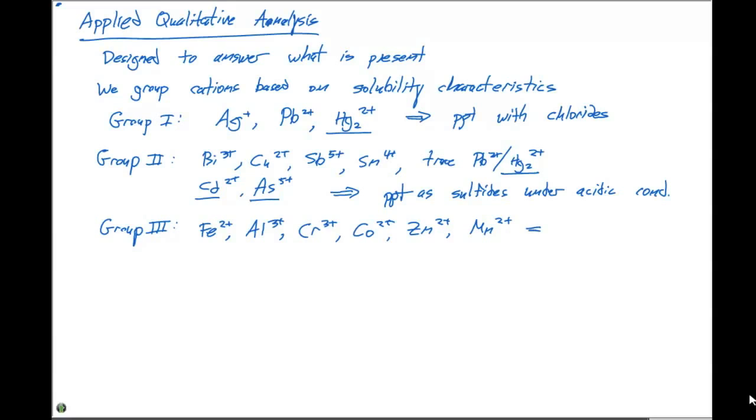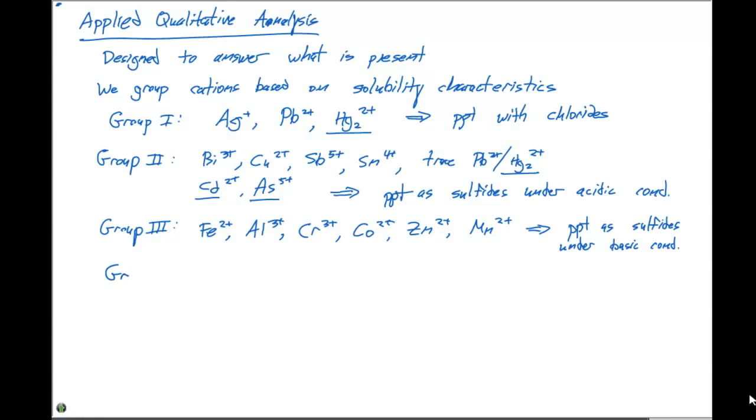These differ from the group 2 ions because these precipitate as sulfides under basic conditions. So if we adjust the pH, we can selectively precipitate out or separate the group 2 and the group 3 ions.